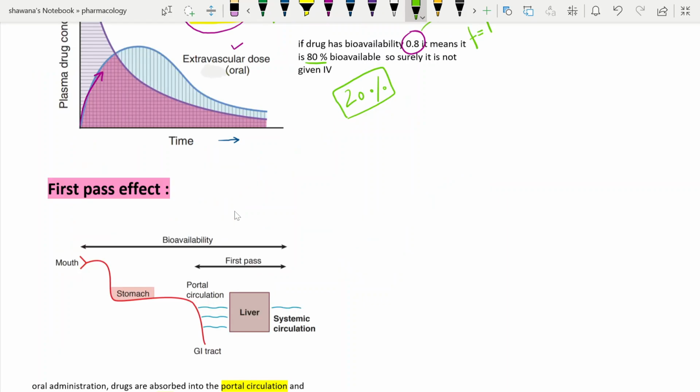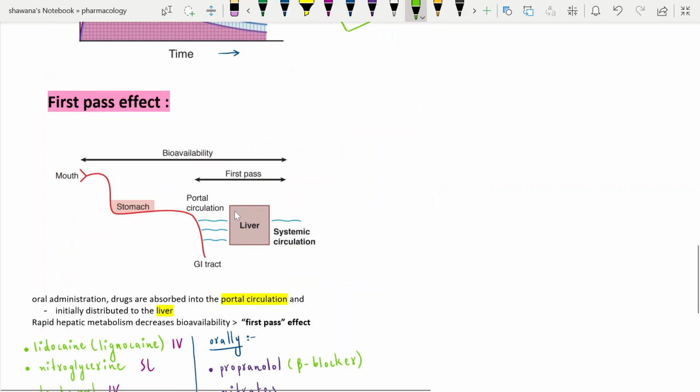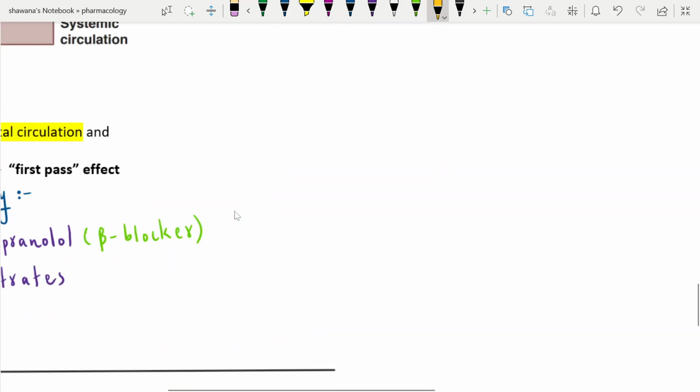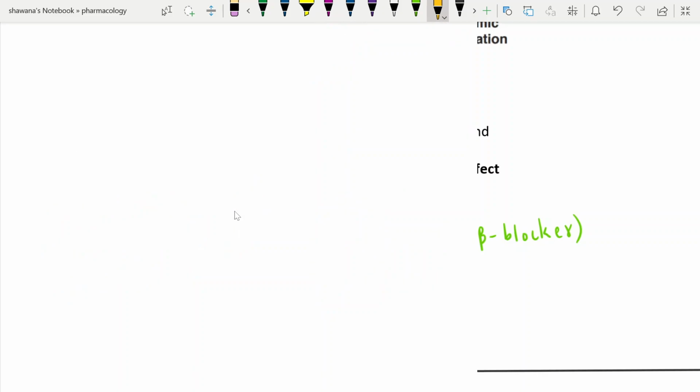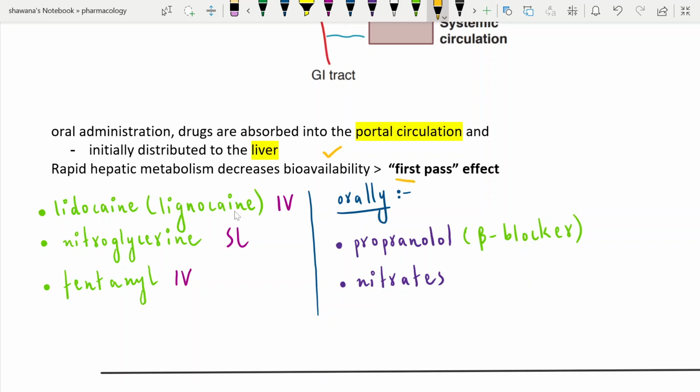So, what is first pass effect? First pass effect is that when we administer a drug orally, it is absorbed into the GIT and it goes into the portal vein and is distributed into the liver. And due to the hepatic metabolism, the bioavailability of the drug is decreased, and this whole process is known as the first pass effect of a drug.